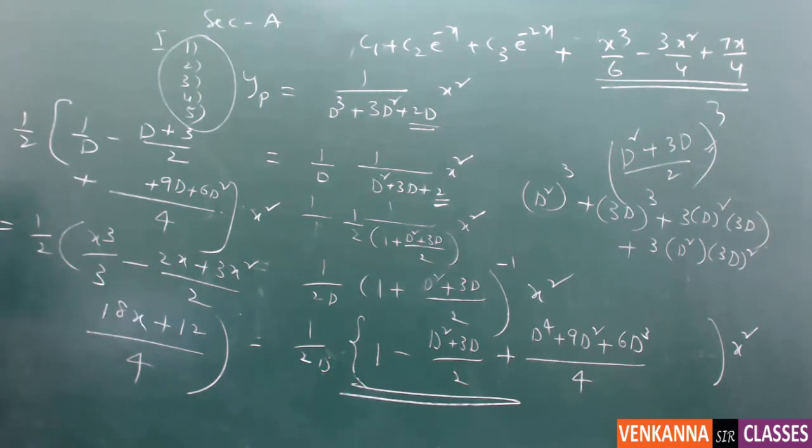Accepted? Fine. So is this approach clear to all now? Whenever x square, x cube is there, how to solve? Right. So let me take the other model.